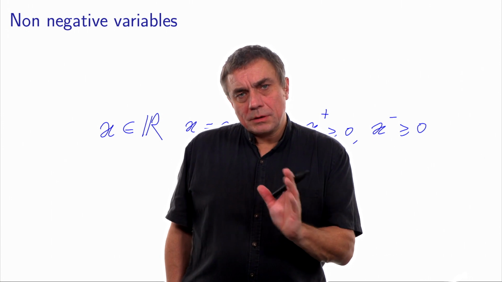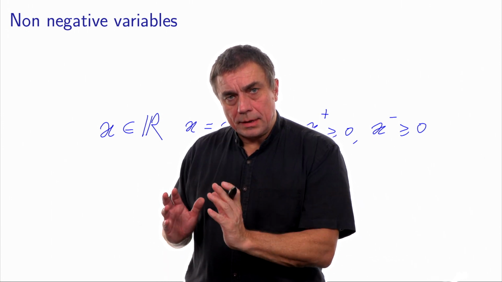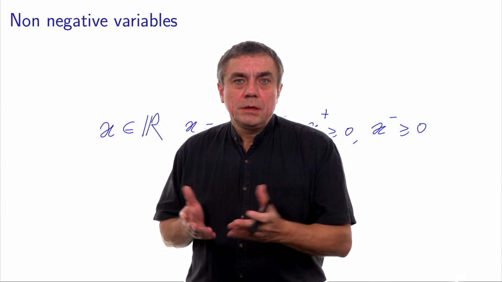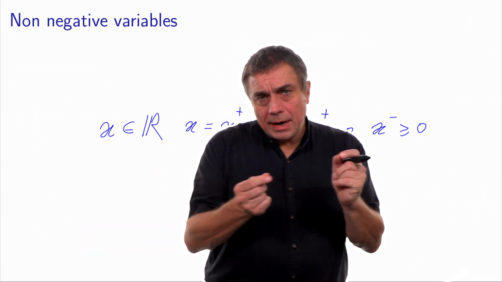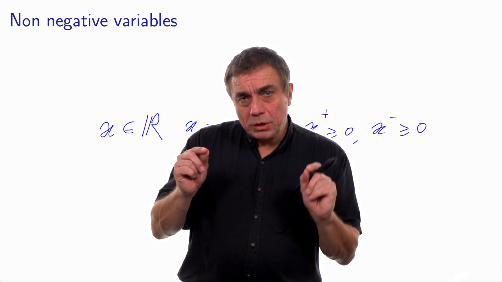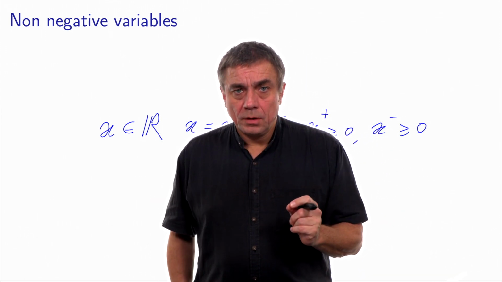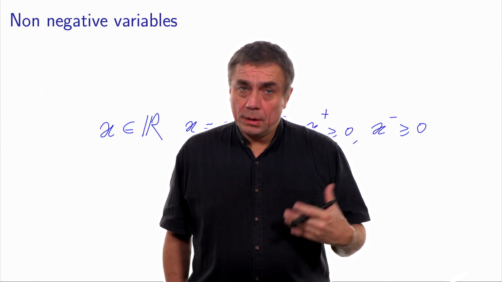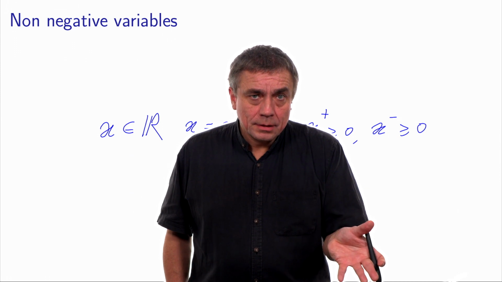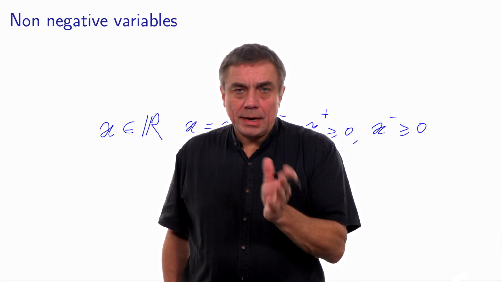So this is nice because now I have these two variables, x plus and x minus, that must be non-negative as required by the software. But then the sign of x itself, depending on which of these two variables is the larger, can be positive or negative. So in my problem formulation, I will replace all occurrences of x by the difference between x plus and x minus.